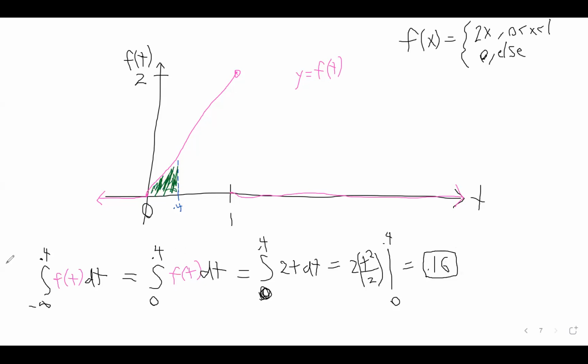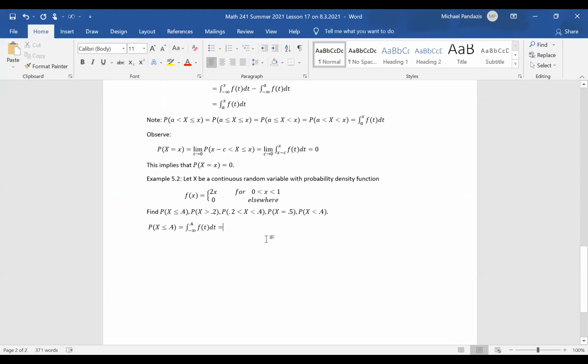And so the integral from negative infinity to 0.4 of f of t dt is equal to 0.16. It's the green area here. So I'm just going to write this down: this is equal to 0.16, as illustrated on the whiteboard.